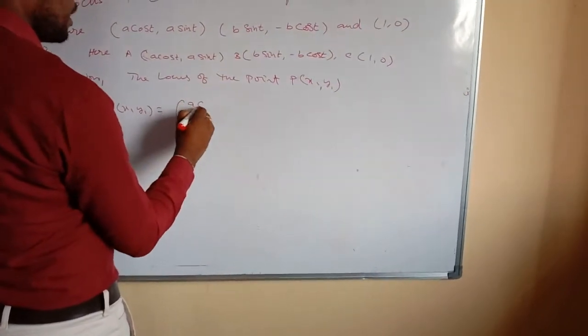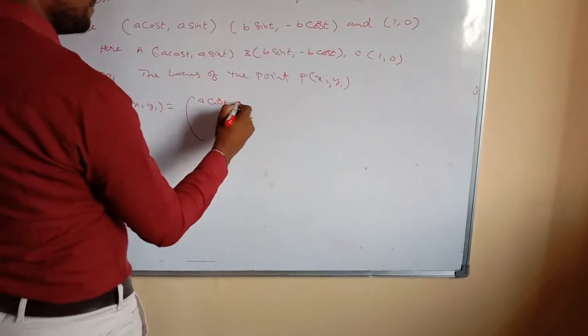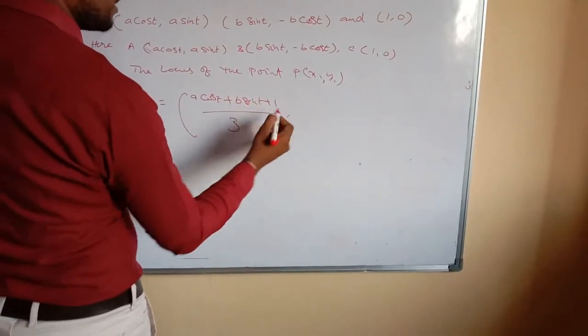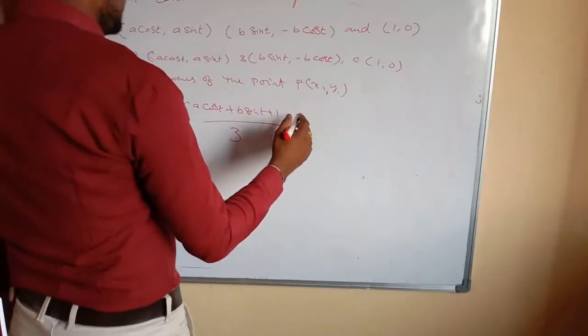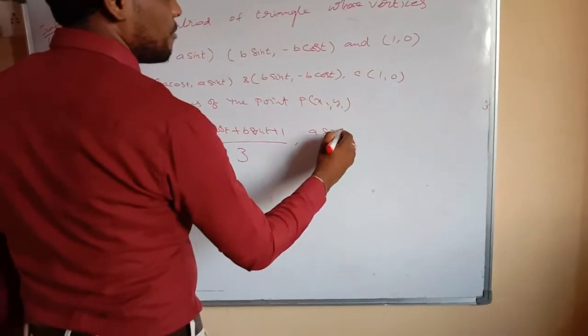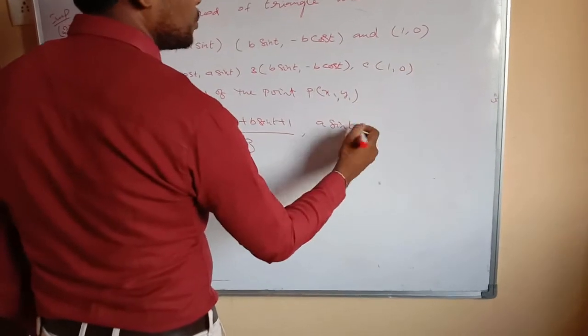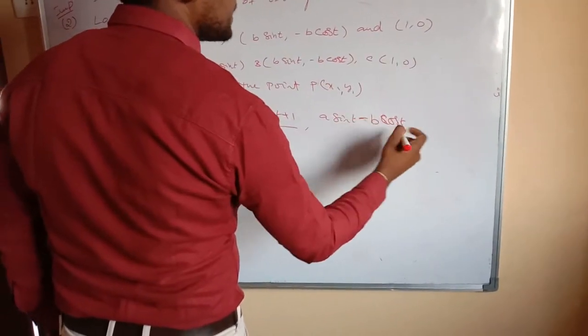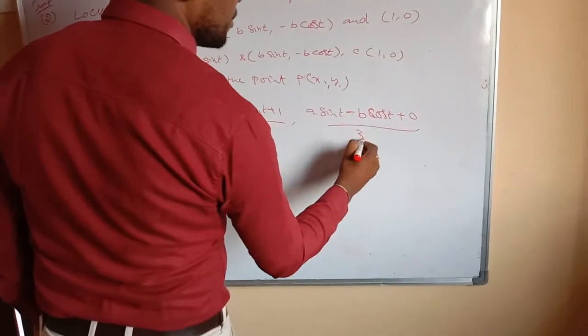Here a cos t plus b sin t plus 1 by 3, and a sin t plus minus b cos t plus 0 by 3.